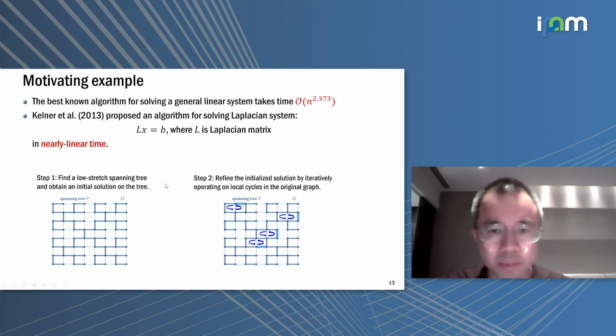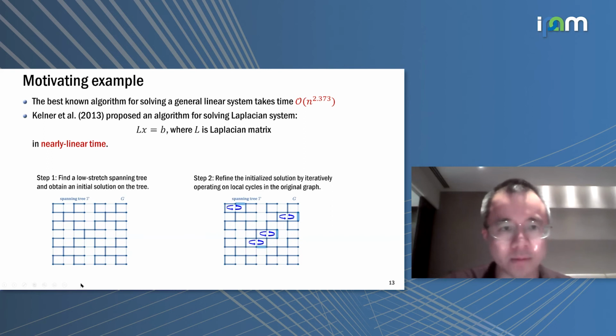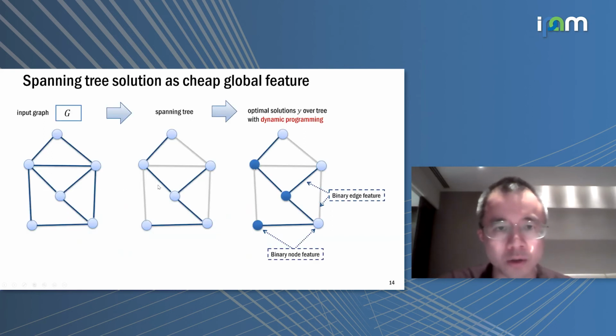So this inspired us to design a new framework for making graph neural net based approaches more expressive. What we do is approximate the graph with some kind of tree structure, for instance a maximum spanning tree or low stretch spanning tree, depending on the application.